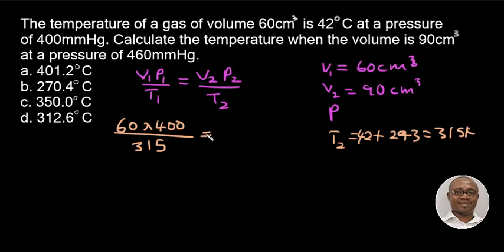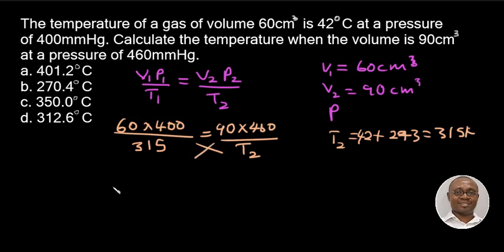Then the second volume as given in the question is 90 cm³ times the second pressure, which is given here as 460, over the second temperature, which is what we are asked to calculate.